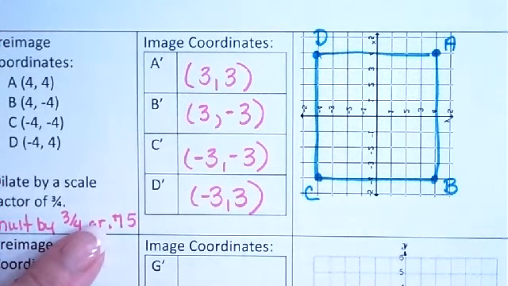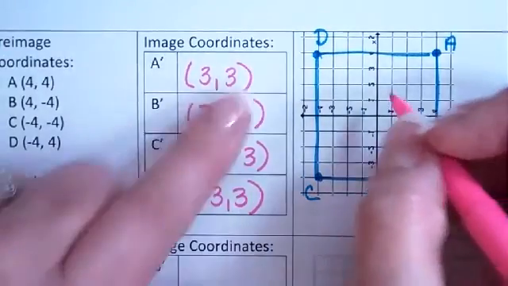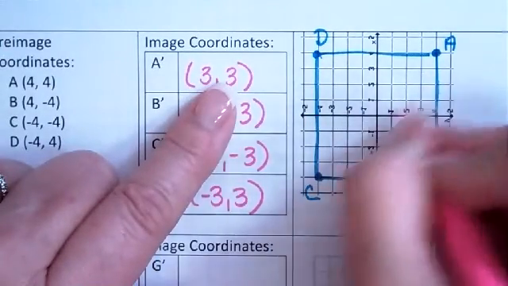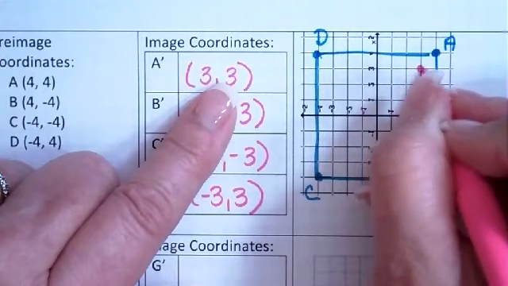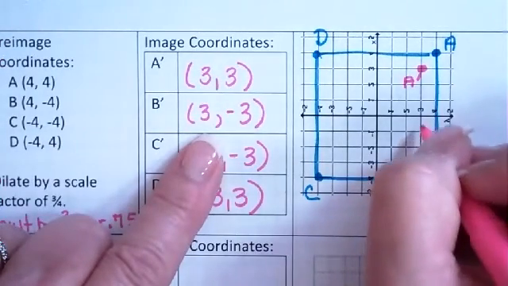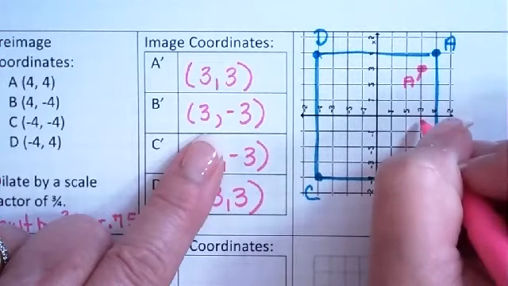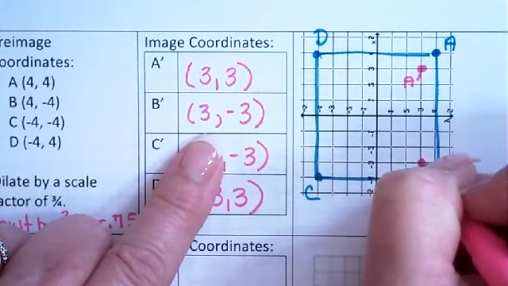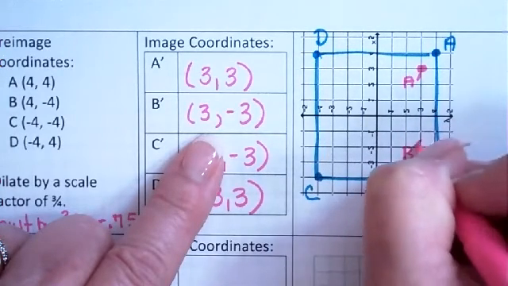So let's graph our image and see if it comes out to be the same. Right here, A prime is at 3, 3. So right 3, up 3. There's A prime. B prime is at 3, -3, so it's to the right and down 3. There's B prime.